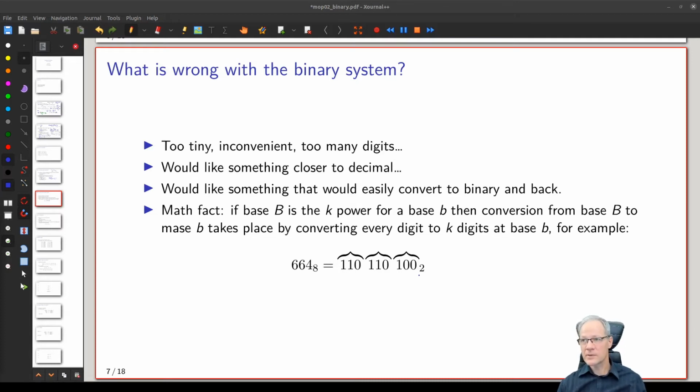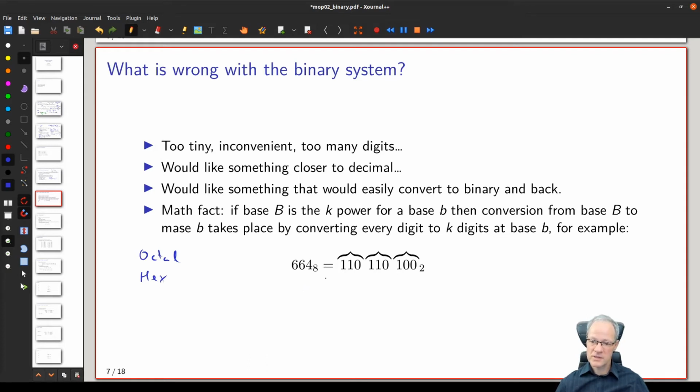It would be nicer if we could write in decimal, because we're so used to it, or something close to decimal that's still easy to use, because for decimal we have to do quite a bit of math to go back and forth between binary and decimal. Maybe there's an easier way. Therefore, there are 2 typical choices: one is octal, and one is hexadecimal system for encoding numbers.